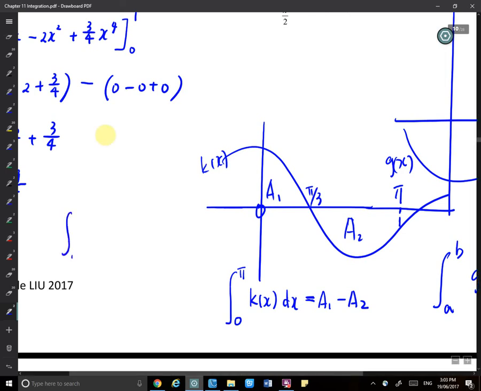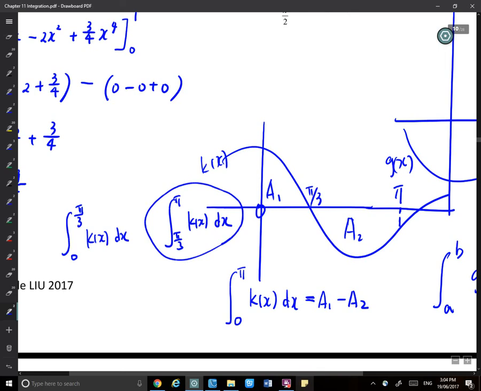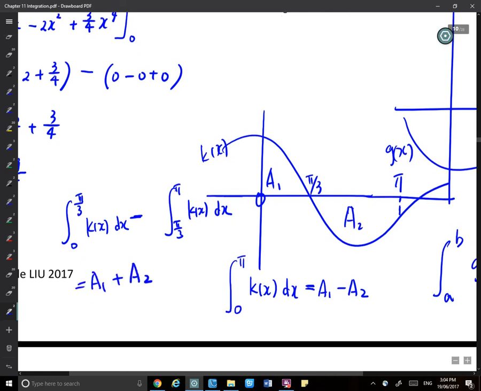So if you want to find A1 plus A2, you need to find them separately. I will find the integral from 0 to pi over 3 of k(x) dx first, and then the integral from pi over 3 to pi of k(x) dx. That second one is a negative value, negative A2, so you subtract it. Then that gives you A1 plus A2.